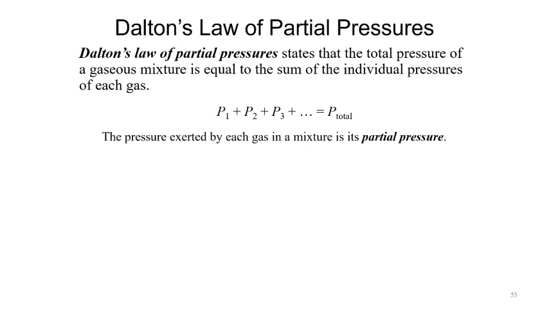Dalton's law of partial pressures. Okay, a lot of this kind of stems from ideal gas. Really, all Dalton's law says is that if you want to find out the total gas pressure in an individual container, figure out the pressures of each of the individual gases. When you add all of them up, that's the total pressure. Okay?